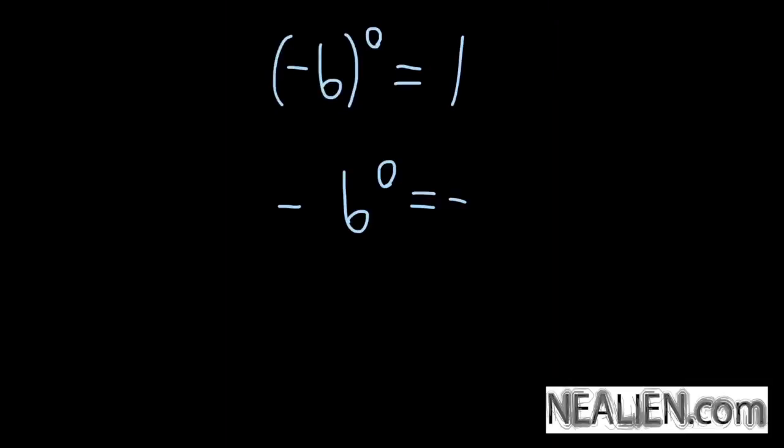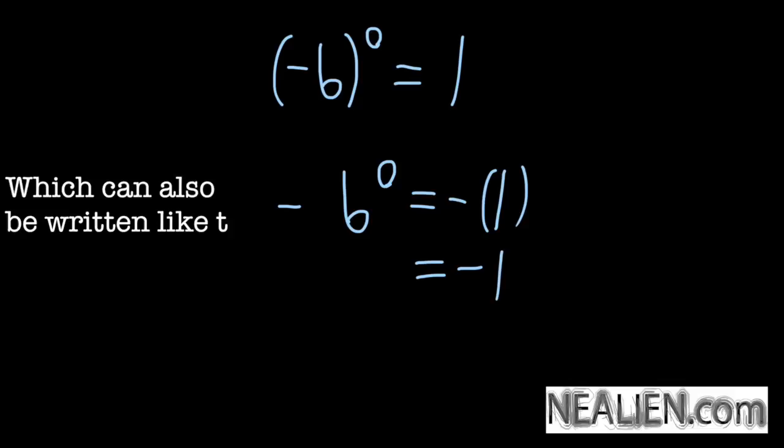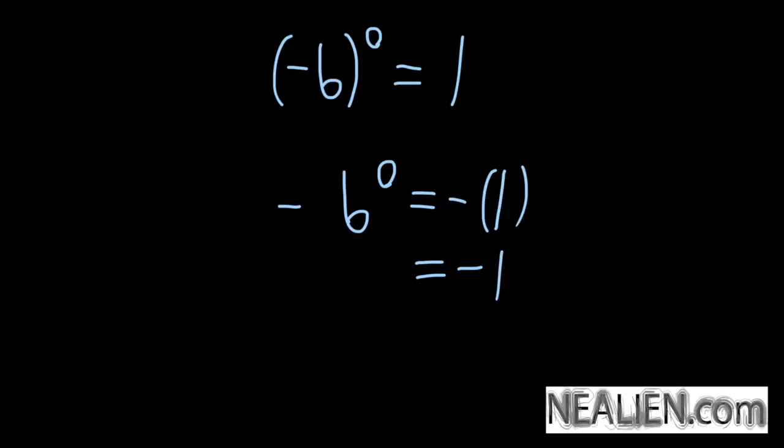Negative 6 within parentheses to the 0 is going to be 1. Negative sign, then parentheses, 6 to the 0, close parentheses, is going to be negative 1, because you do the exponent first because of the order of operations. So you take the number to the 0 power, which is 1, and if you have a negative sign in front of it, which is being multiplied, it becomes negative 1.